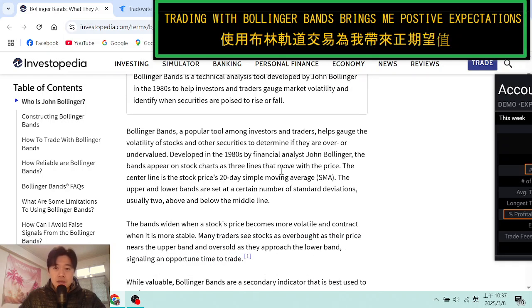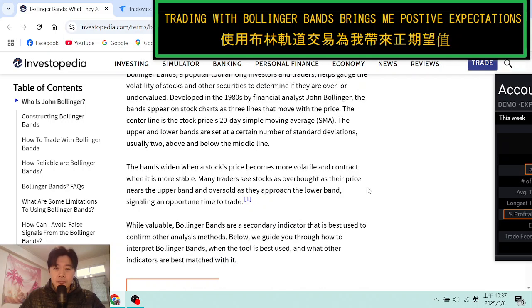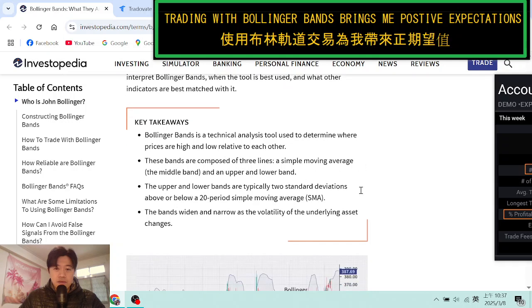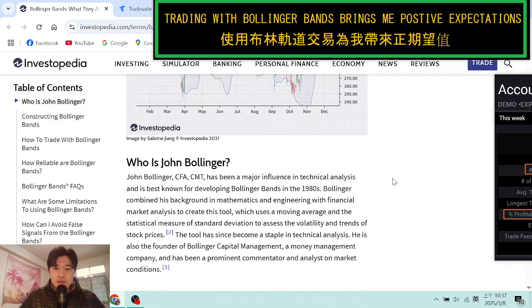The main definition is that the middle line uses a 20 smooth moving average, and you use 2 standard deviations as the value.